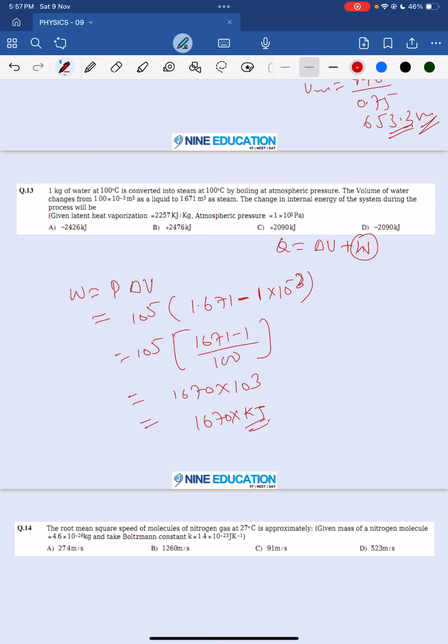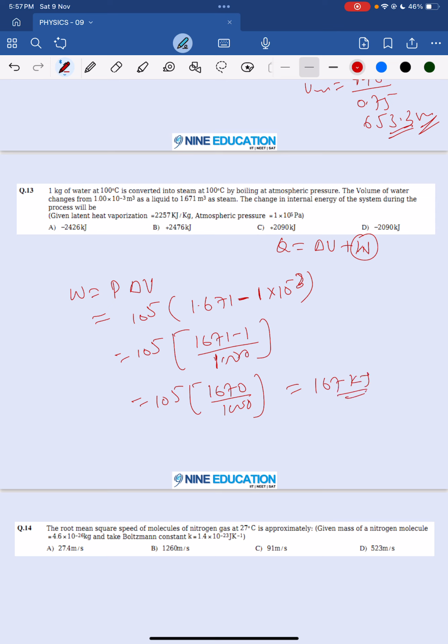So what we are having here, 1.671. So 1 by 1000, sorry, this is 1000, sorry bacho, this would be 1000. So it is going to become 10 to the power 5. This will be 1670 by 1000. So which is going to become basically 167 kilojoule approximately, correct?